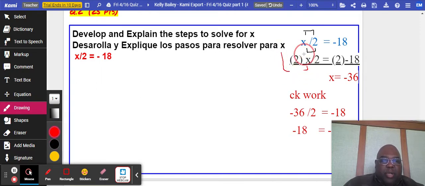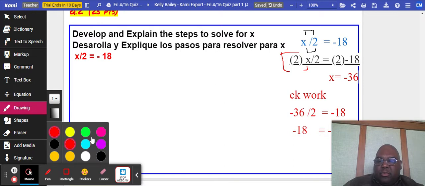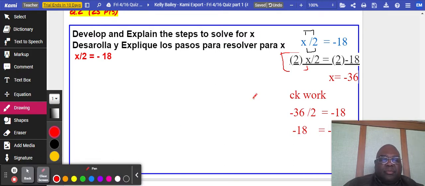So I'm going to multiply. 2 times x is 2x over 2, so the 2 on the top and the 2 on the bottom are going to cancel. They're going to cross out.